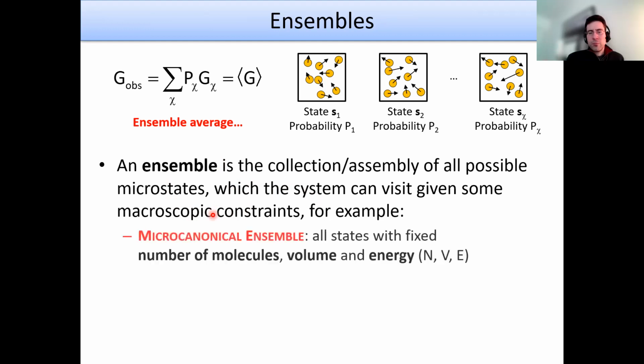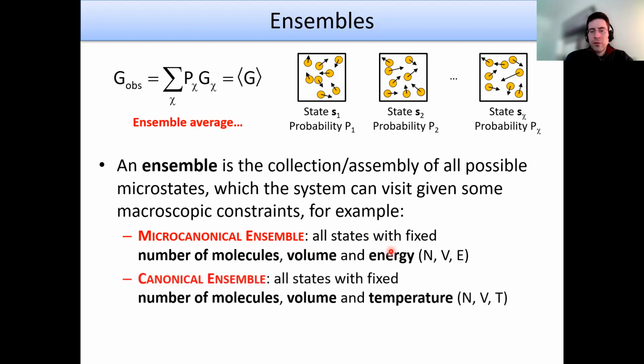Macroscopic constraints would be, for instance, keeping the energy fixed, the number of particles fixed and the volume fixed. This ensemble is called the microcanonical ensemble, and it contains all the states that have a fixed number of molecules, fixed volume, and fixed energy.